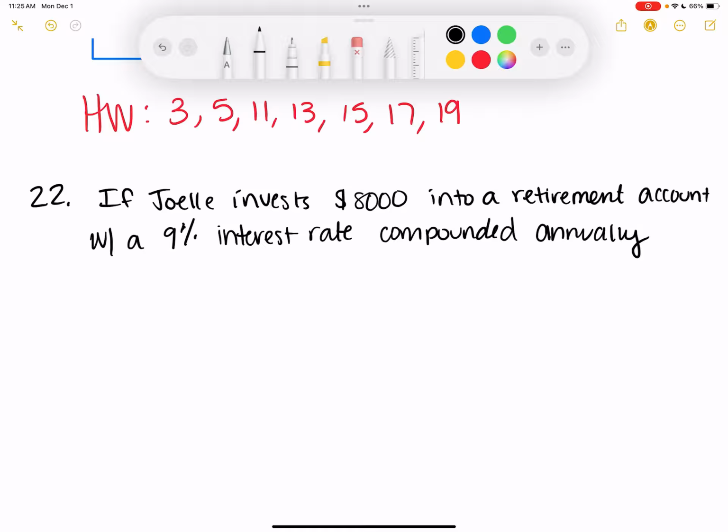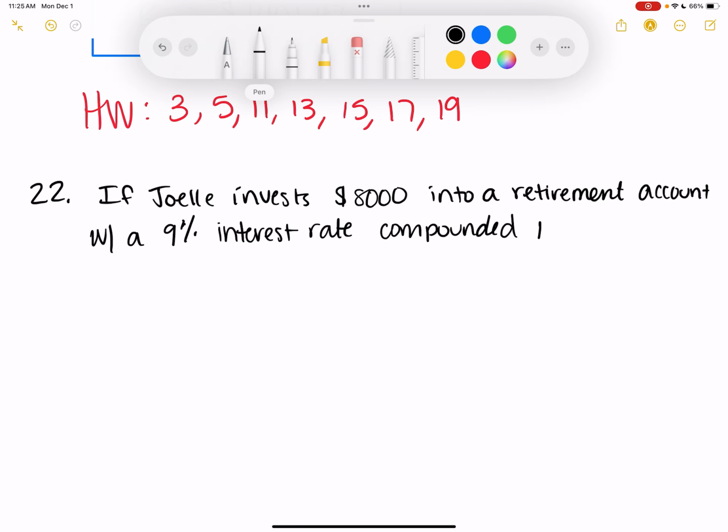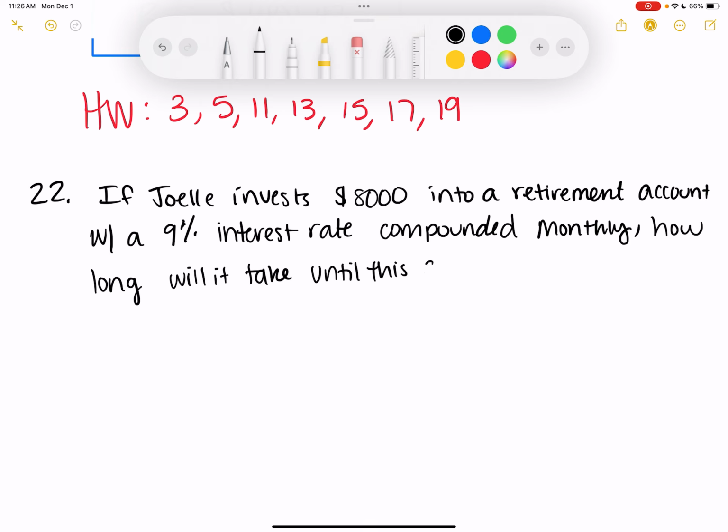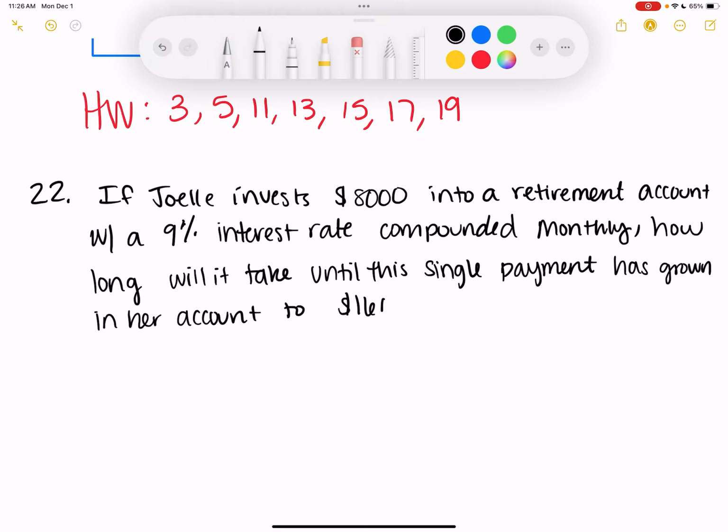This one says monthly, not annually. It's okay, it's 12. How long will it take until this single payment has grown in her account to $16,000?